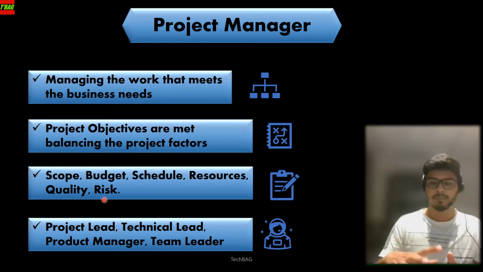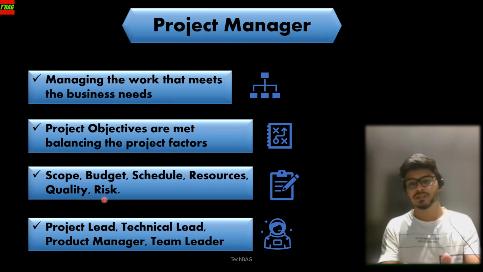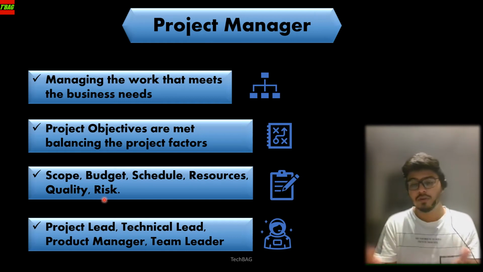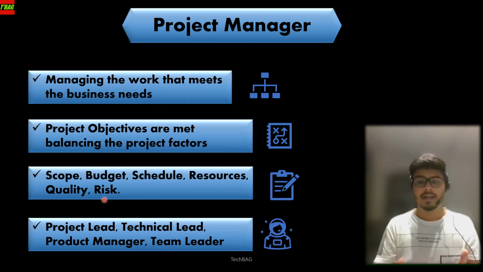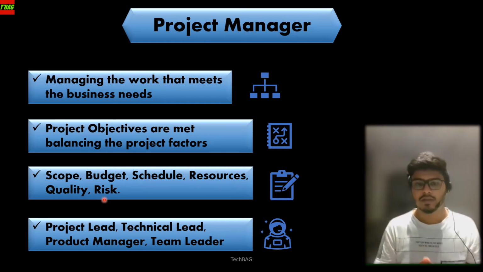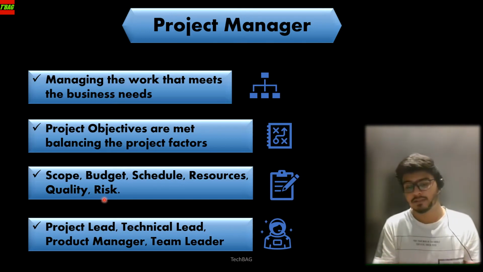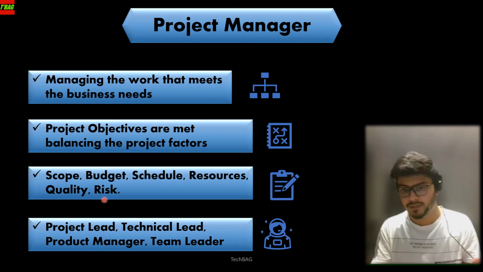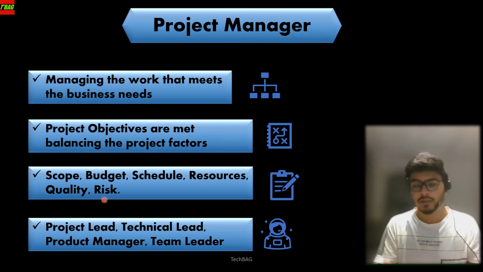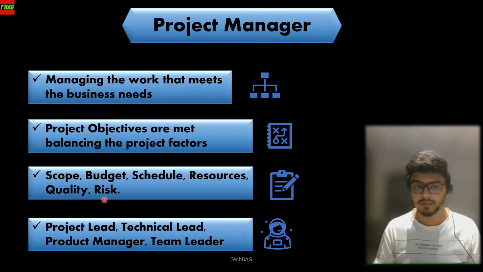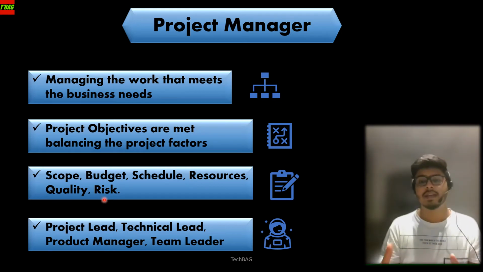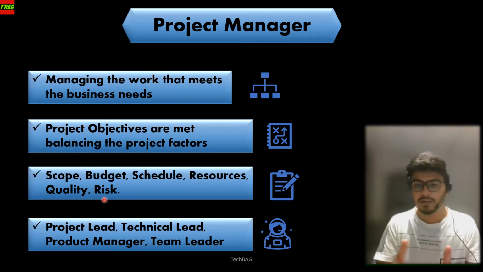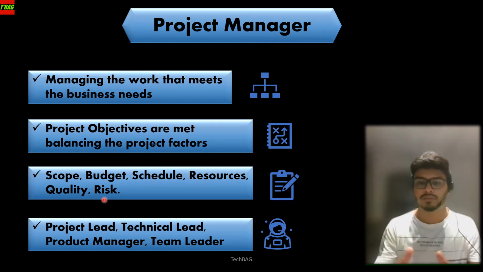So if a project is aligned towards its business need, he or she also checks whether the project factors are balanced: the scope of the project, the budget, which should not be over or under budget, the schedule, the resources available to implement that particular project, and the quality and risk which we are facing and trying to remove, to move the process smoothly.